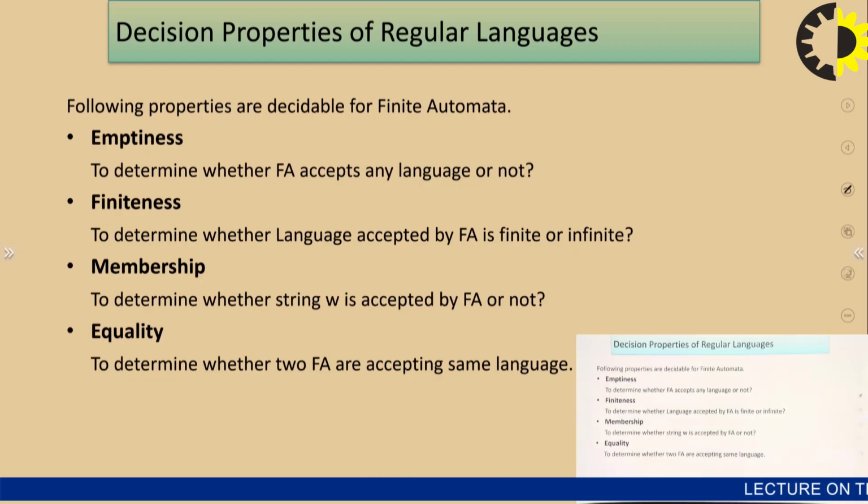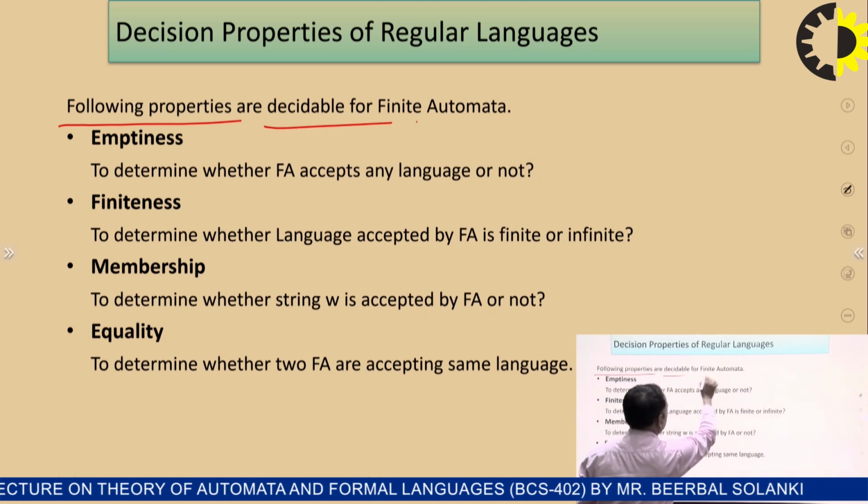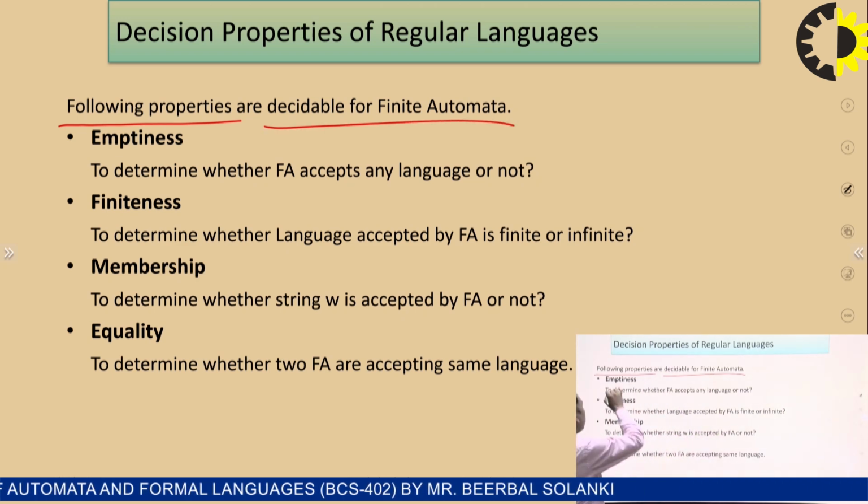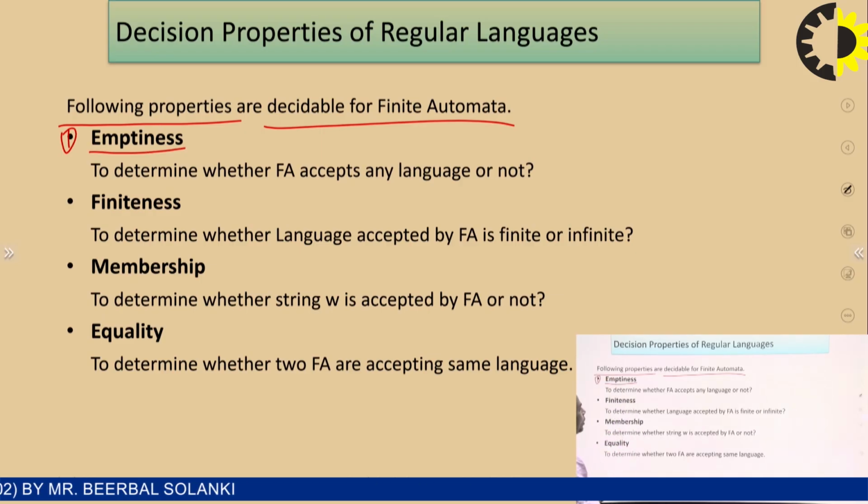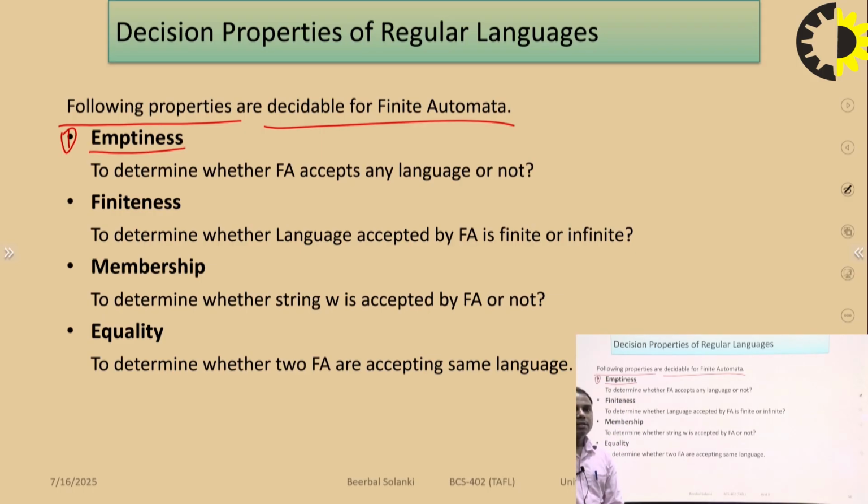The following properties are decidable for finite automata. First is emptiness: to determine whether a finite automaton accepts any language or not.